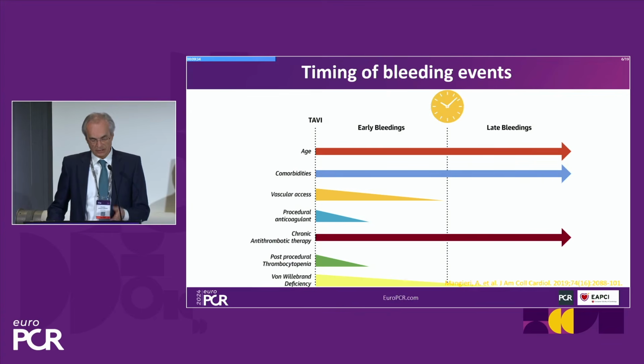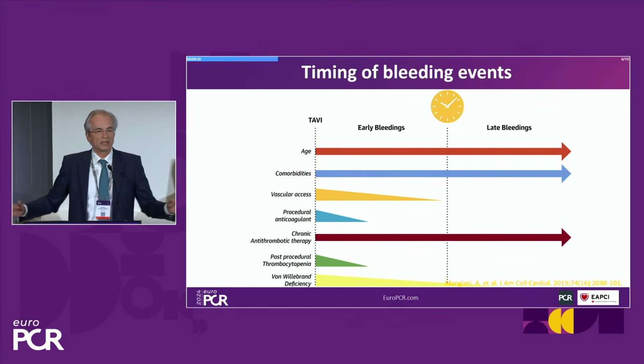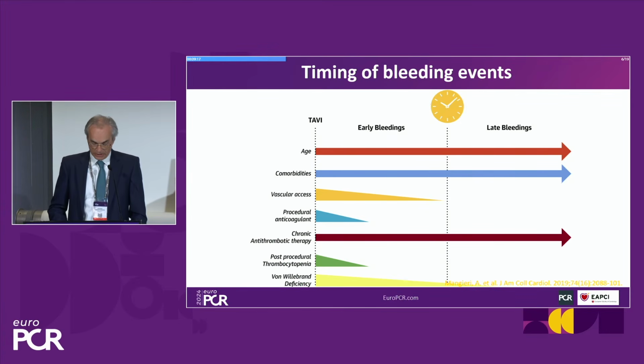If it is only at the moment of the procedure, we take care of that and then do the anticoagulation later and abandon the risk of HALT. But it's not the case. So we see that there are early bleedings and late bleedings, and we unfortunately cannot just abolish the bleeding risk totally after some time.